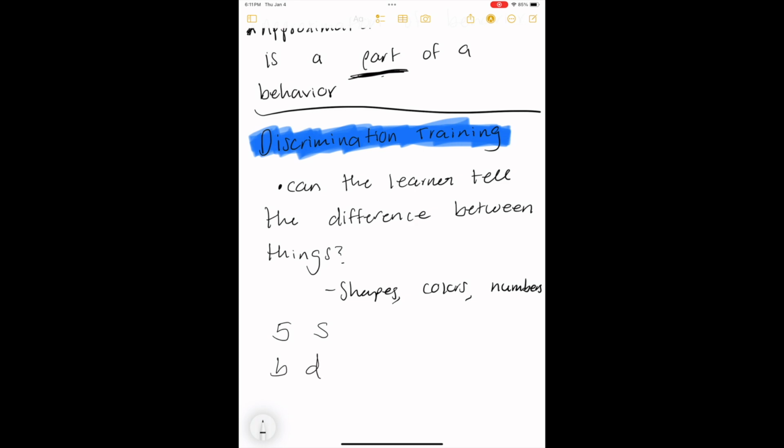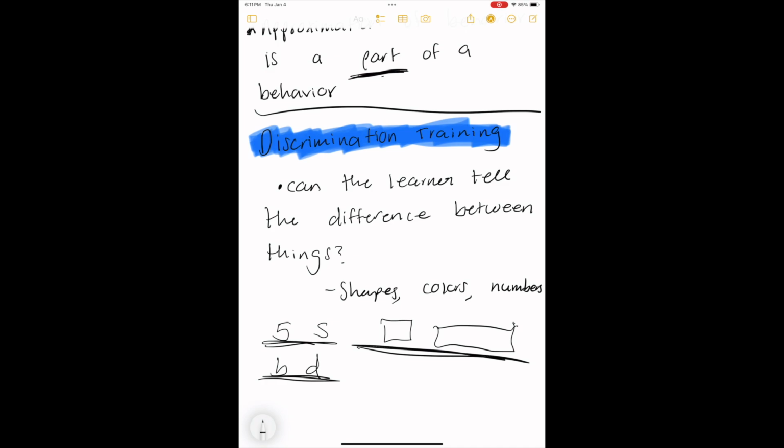That's probably the most common thing. Don't they sometimes have a hard time discriminating between a square and a rectangle? Sometimes. So that would be discriminating. Can they tell the difference between things like that? That's discrimination training. It's very simple.